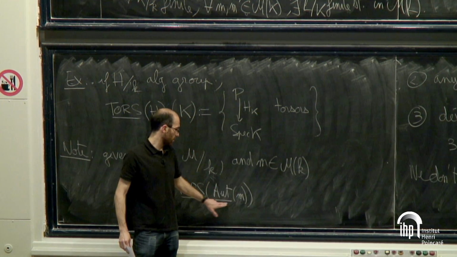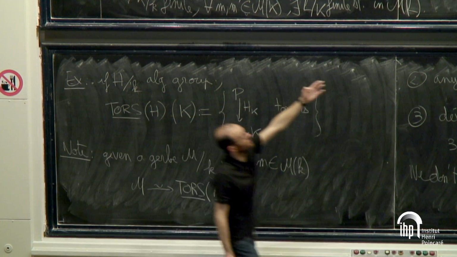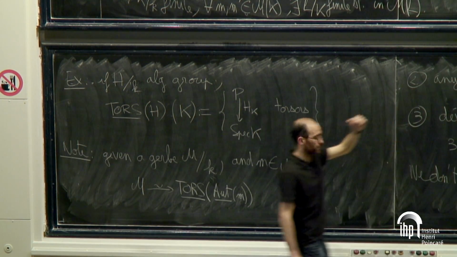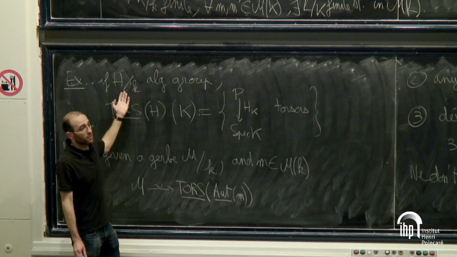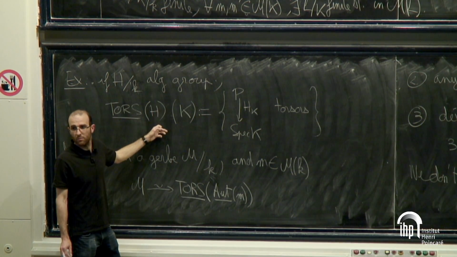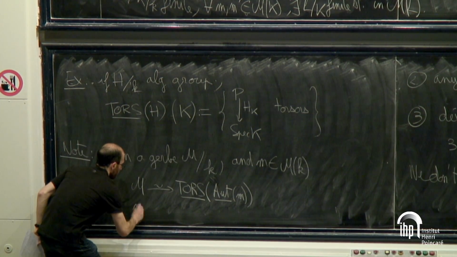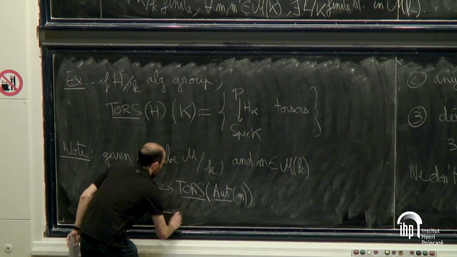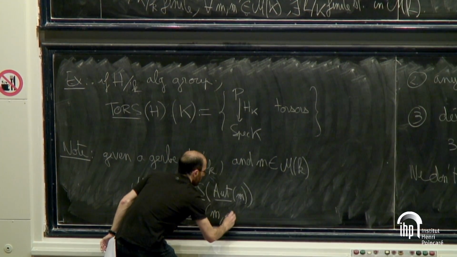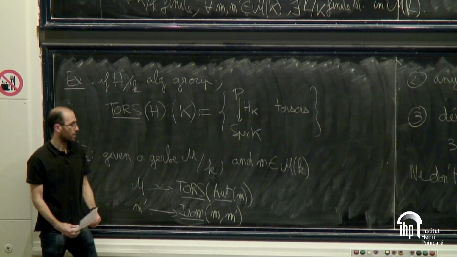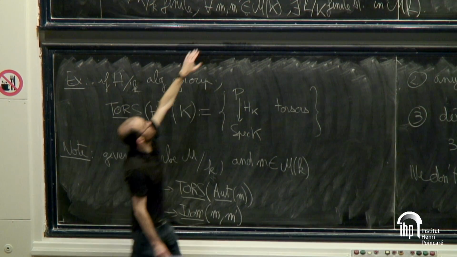If you are given an object, then the group of automorphisms is a sheaf because of this descent assumption for morphisms. So this is the same thing as this one, except that H is not necessarily representable in general, but it is not important. You can check that the map sending a section M prime to the sheaf of isomorphisms from M to M prime is a torsor under the automorphisms of M. You also use the fact that two objects are locally isomorphic.